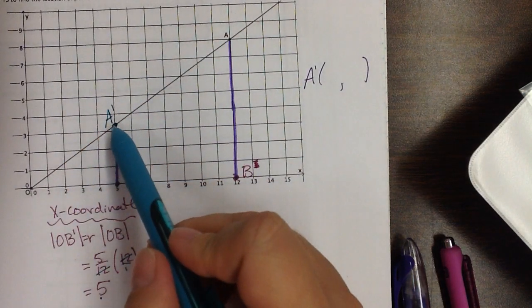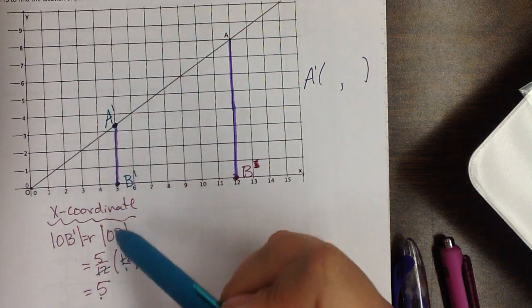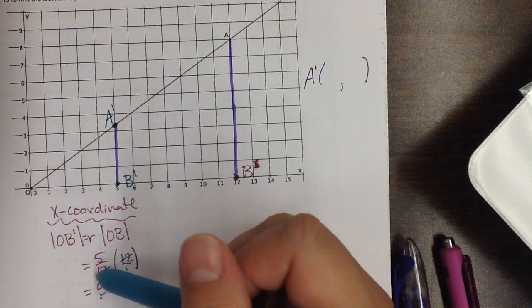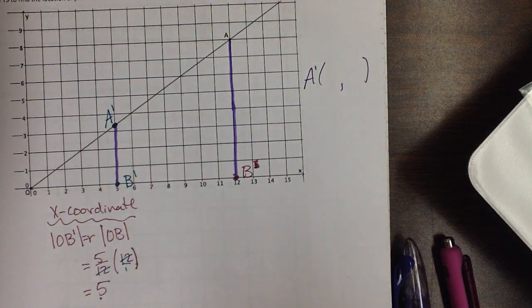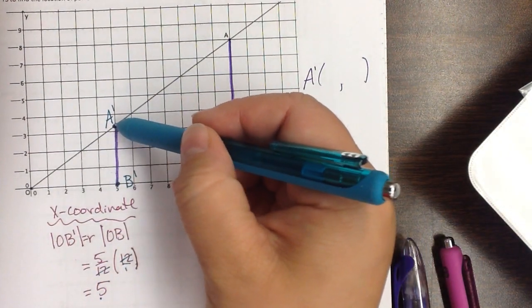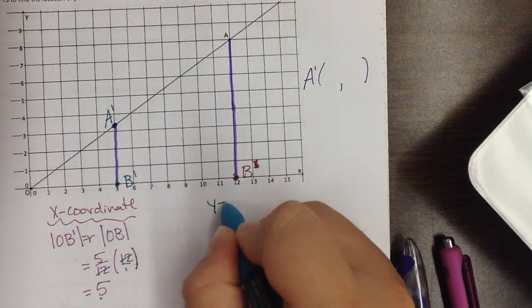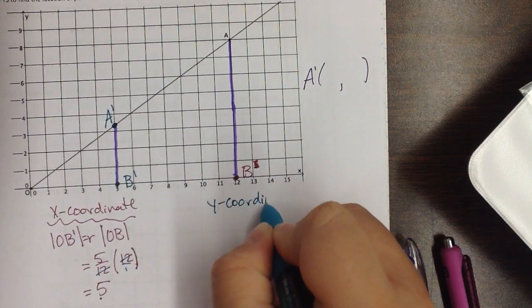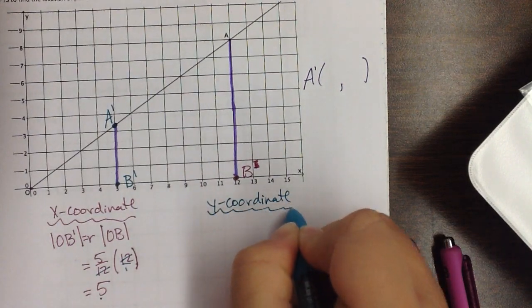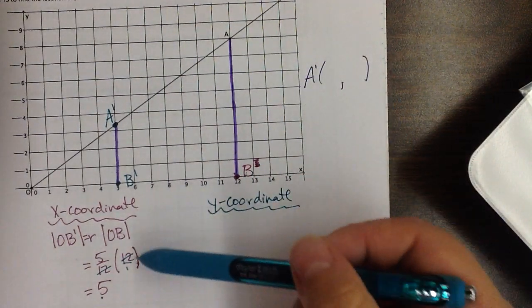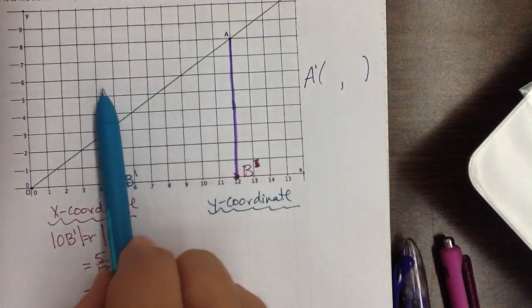And this time it's not right on the line, so this is why we have to go through these steps to find out what it is. Okay, and since now we're going up to find this location, when we go up, that's the y coordinate, so now we have to find the y coordinate. Okay, and when we're going up, we're looking at the parallel lines.